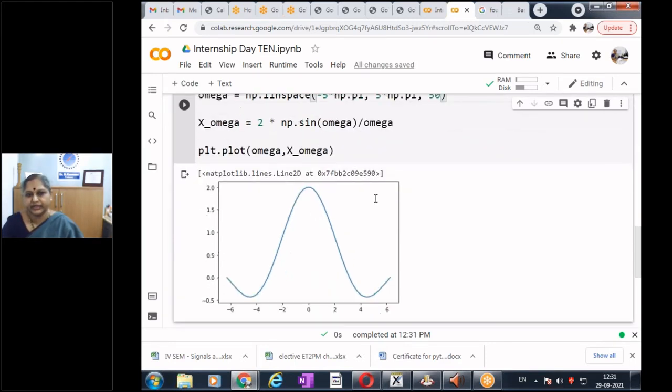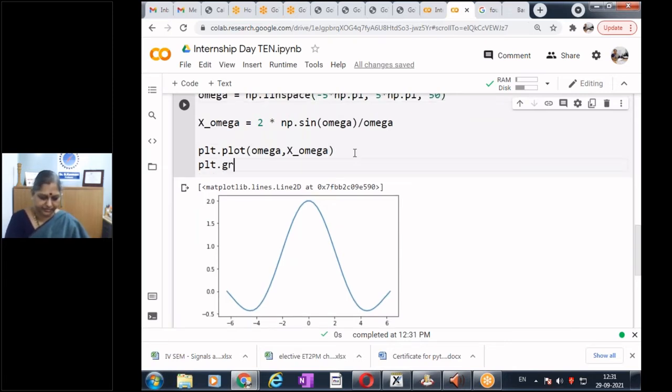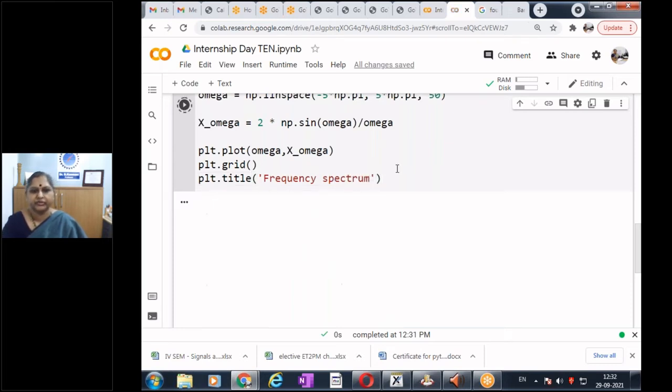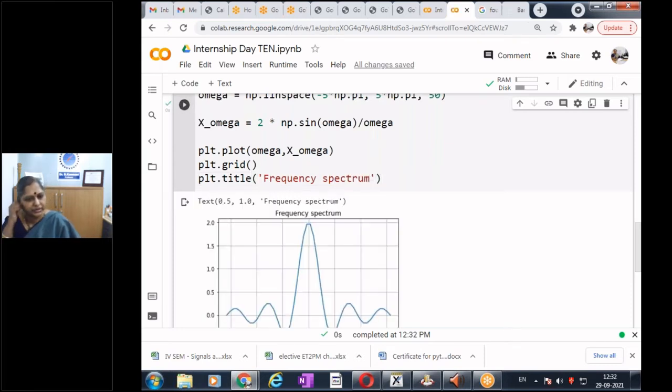And this is what I get. And what's the title? In this case it is frequency spectrum. This is my signal in the frequency domain.